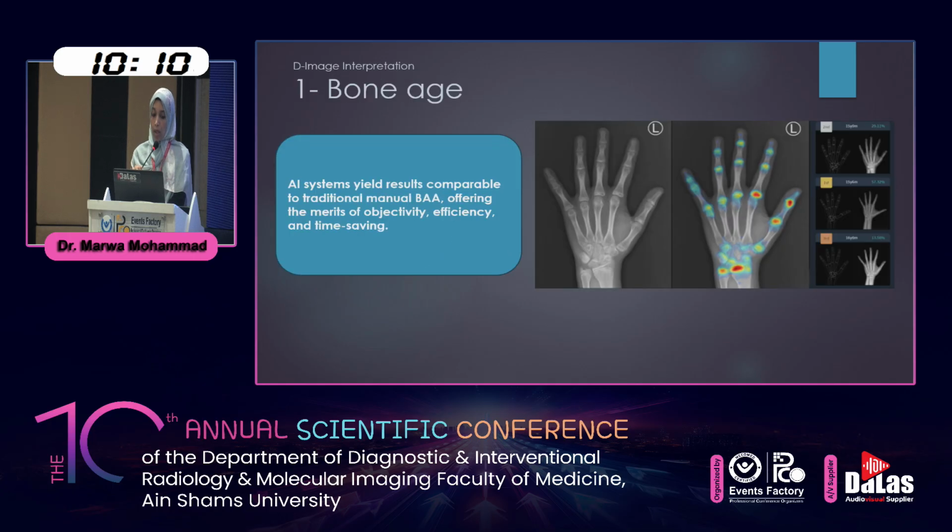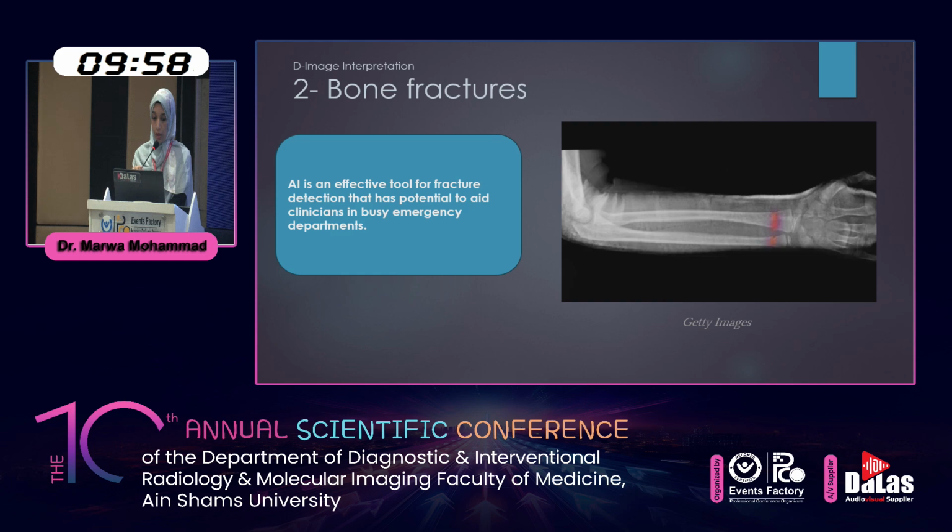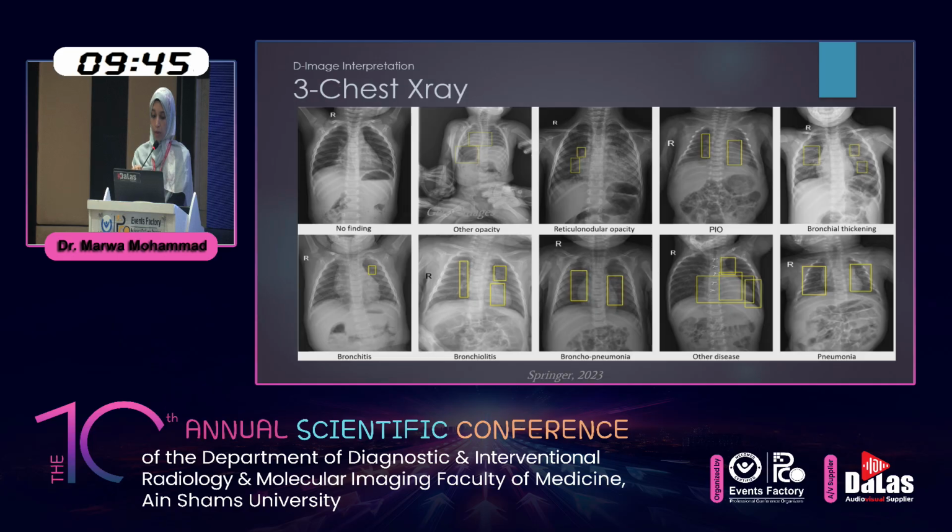Bone age. AI systems yield results comparable to traditional manual bone age assessment, offering the metrics of objectivity, efficiency, and time saving. Bone fractures. AI is an effective tool for fracture detection that has potential to aid clinicians in busy emergency departments.